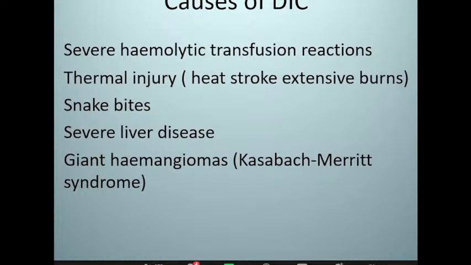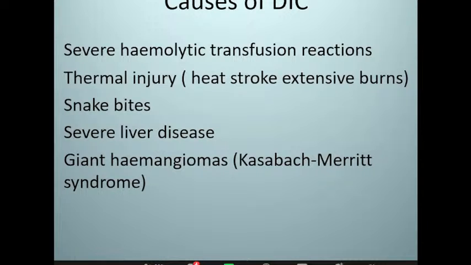There is tissue damage, there are blood vessel changes because of burns, physical damage to the blood vessels, vasculitis, inflammation of the blood vessels, tissue damage. All that would contribute to activation of the coagulation cascade in a very low intensity activation, so presenting as DIC.